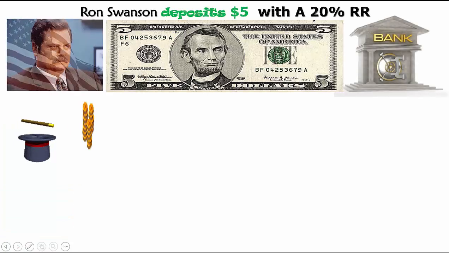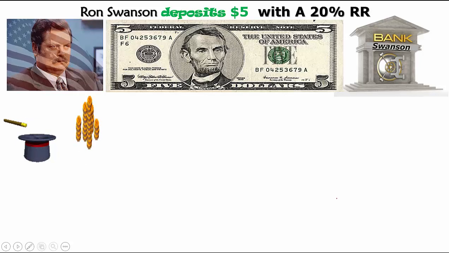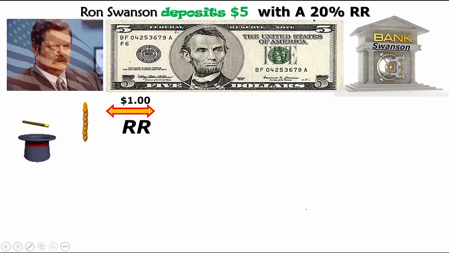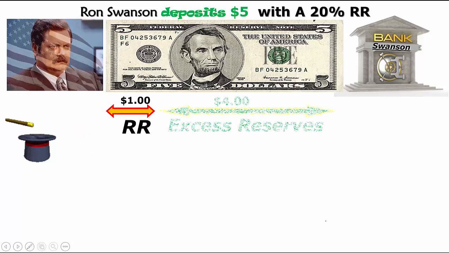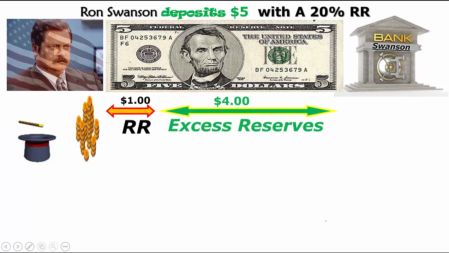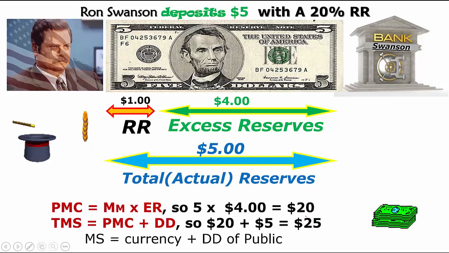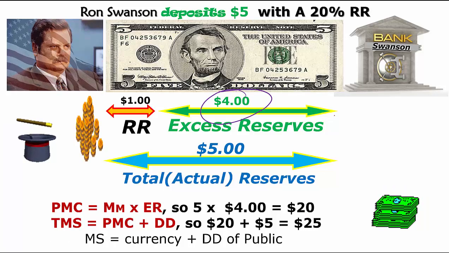Let's say Ron Swanson deposits $5 in his bank, okay, and the reserve requirement's 20%. What that means is $1 of the $5 goes to required reserves. Okay, $4 goes to excess reserves. This is where it's important: that means that $4 can be loaned out.